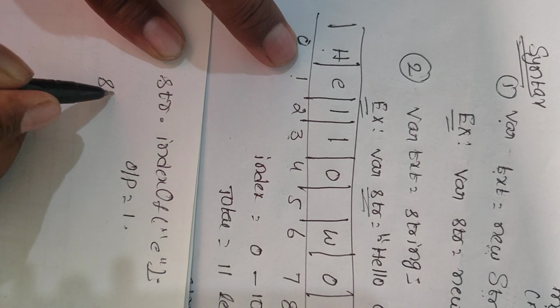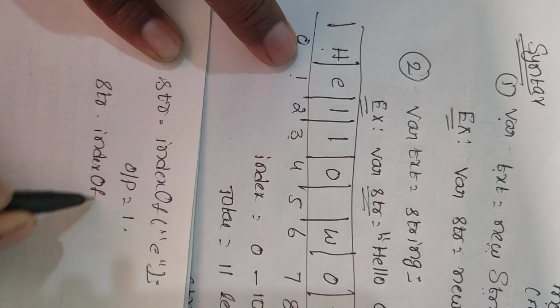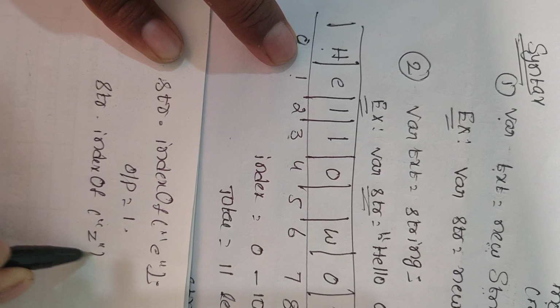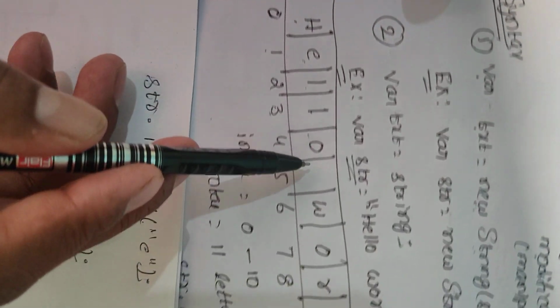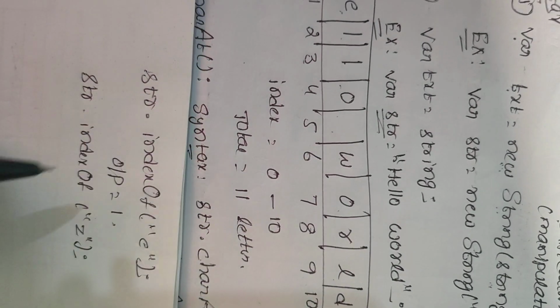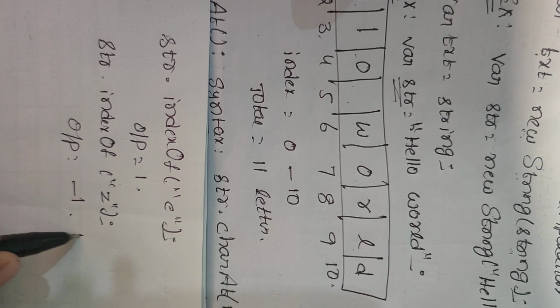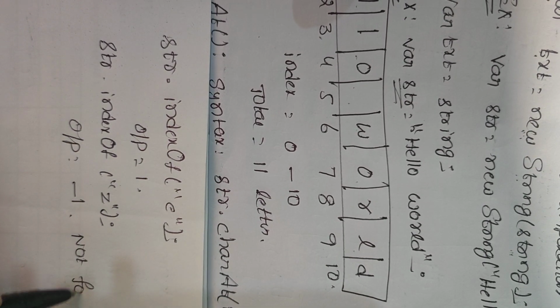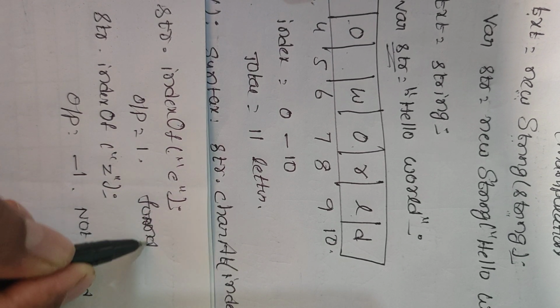For example, if I write str.indexOf of z, it will search each of h, e, l, l, o, space, w, o, r, l, d, but there is no z letter. So what is the output? It gives -1 because it is not found. If it is found, it gives the index value.